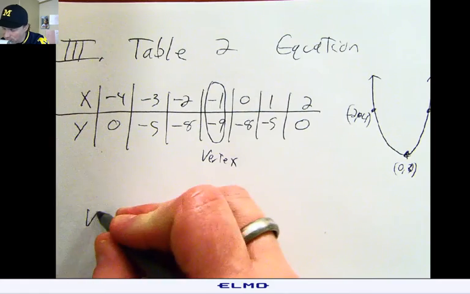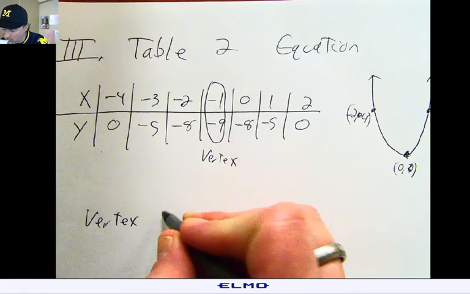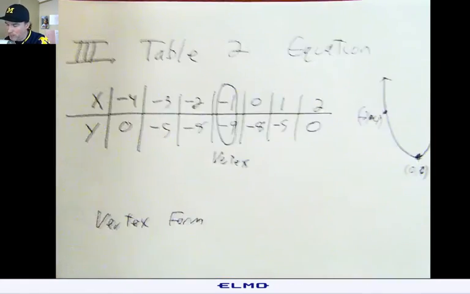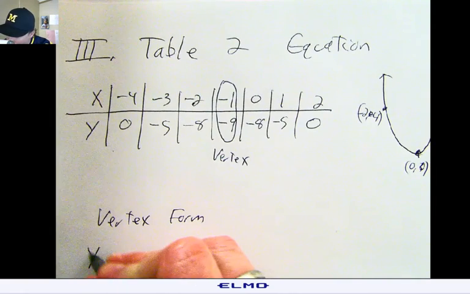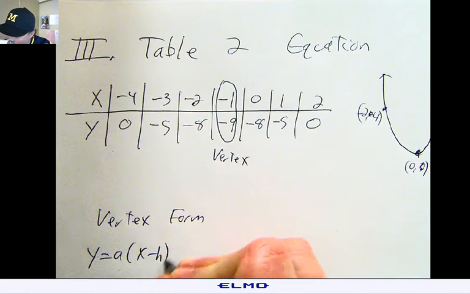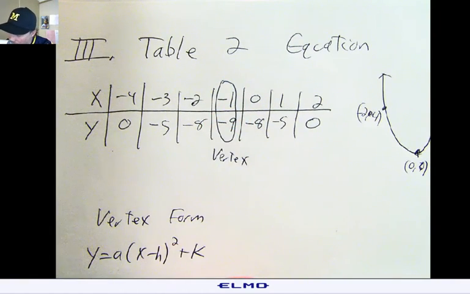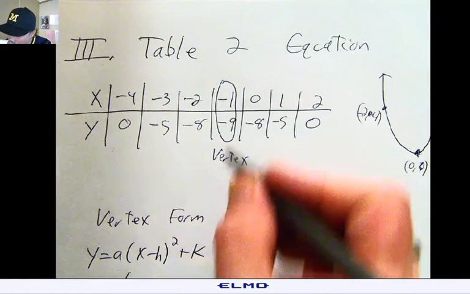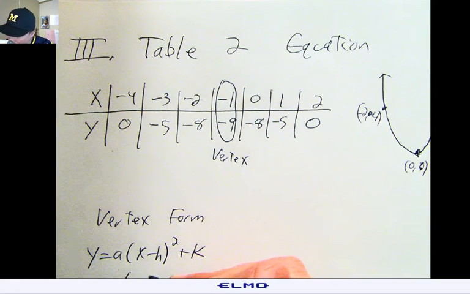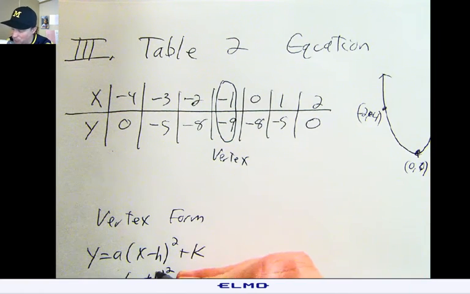So if I was going to do this problem in vertex form, I would have y equals a times x minus h quantity squared plus k, and I know h and k is negative 1 and negative 9, so here would be plus 1 quantity squared minus 9, and that's my h and my k.